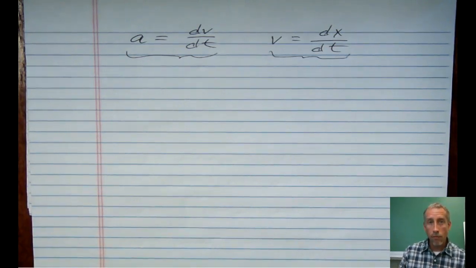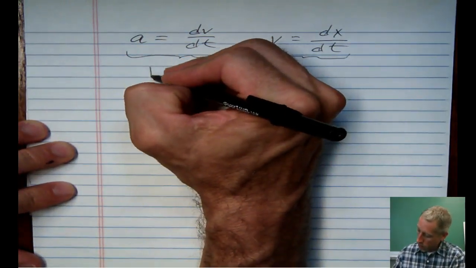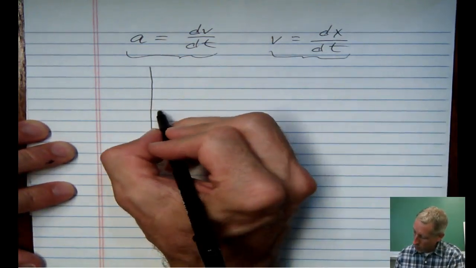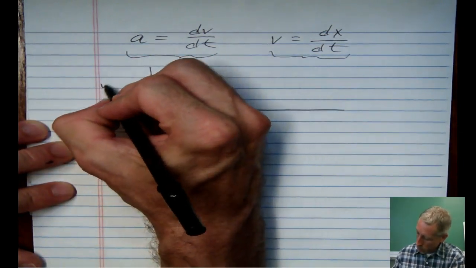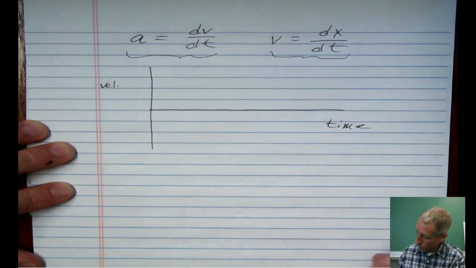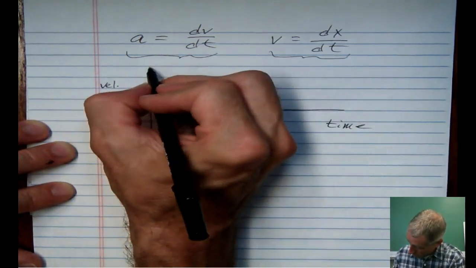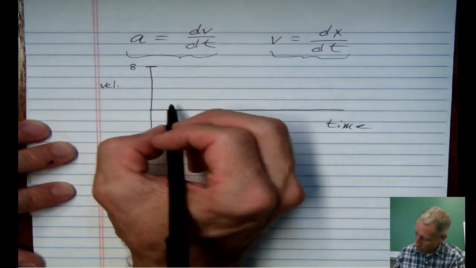its velocity graph. So let's just suppose we have a velocity time graph. It looks like this. This is velocity. This is time. And let's say we start with a velocity of 8 meters per second.